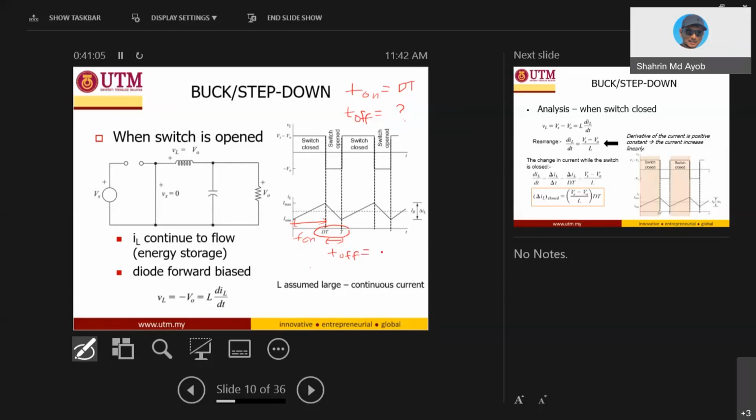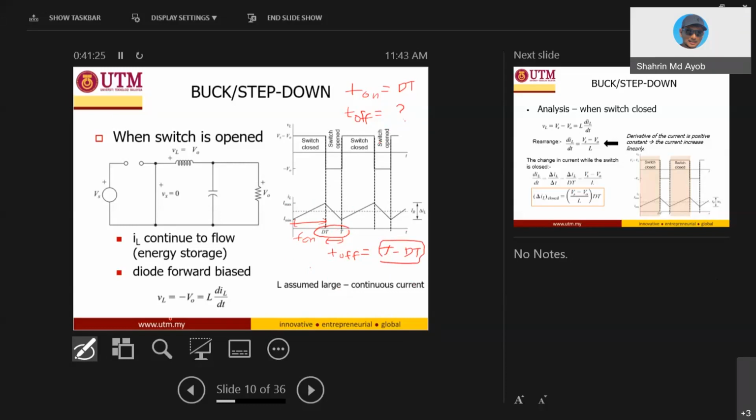Your friend said T minus dt. Is it correct? Yes, it is easy. From the waveform, you can get T minus dt. So actually, yes, this one is correct, but you can simplify it further.